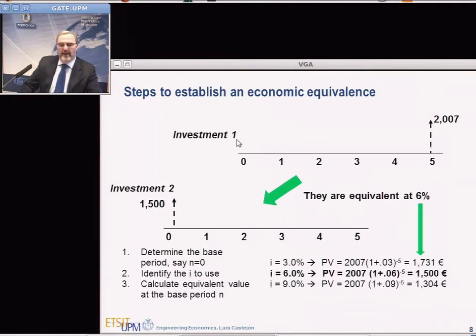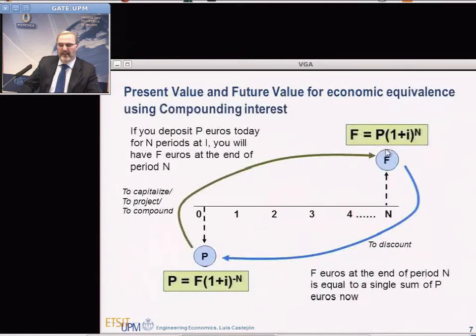What we have to do is to find the other cash flows which are based on different instants of time, like investment 1, which is based on n equals 5. So we are going to move a future value to a present value, to n equals 0. Which formula are we going to use? We are going to use the formula of moving from the future to the present, which is the inverted formula of compounding.